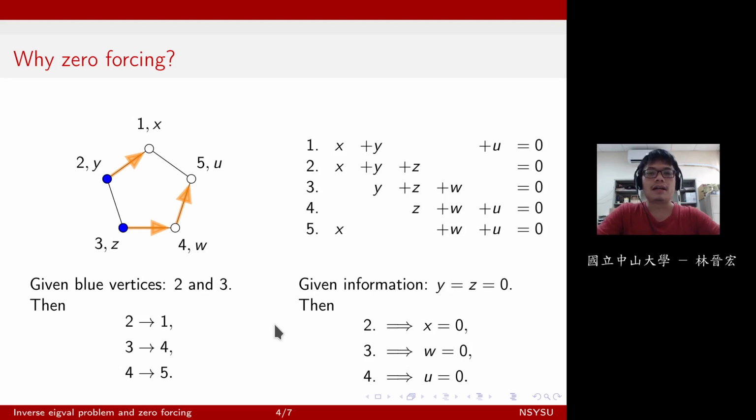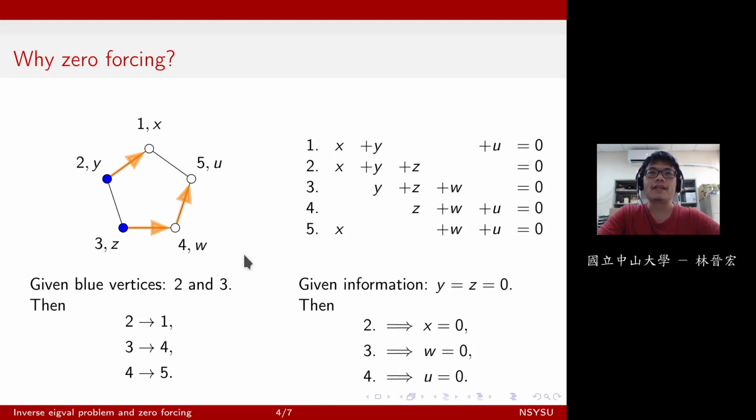Zero forcing is motivated by linear algebra and quantum control, and it has applications in the control of electronic circuits and graph searching. Here, one of my favorites is its deep connection to linear algebra. Let's look at the system of linear equations on the right-hand side, and you can see that the zero and non-zeroness of the coefficients is described by the adjacency of the graph on the left-hand side.